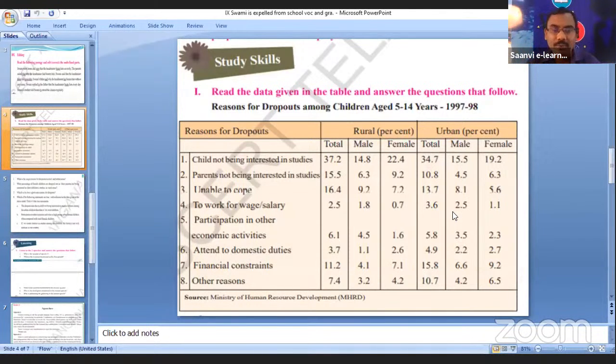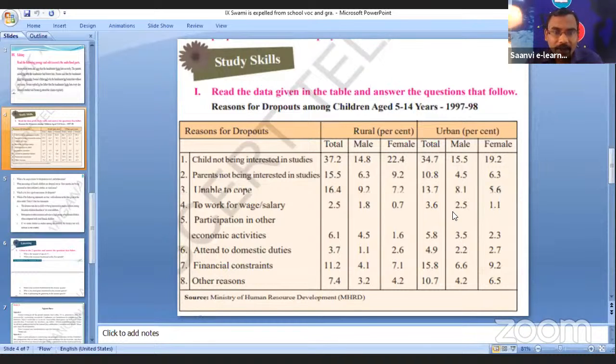So read it very carefully. So reasons are many, almost 8 reasons were given there. Child not being interested in studies in rural areas: 37.2, male 14.8, female 22.4. In urban areas: total 34.7, male 15.5, female 19.2.